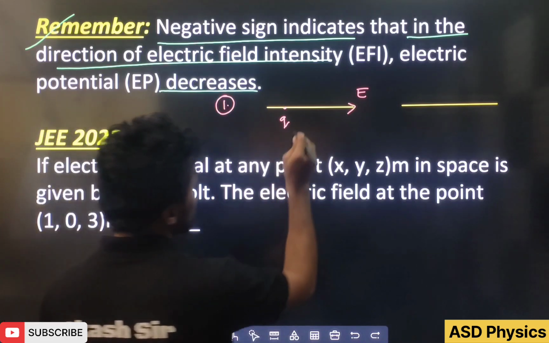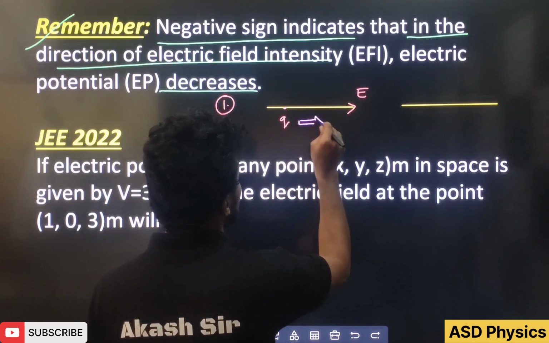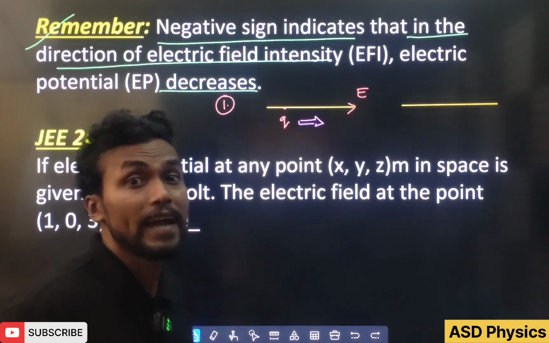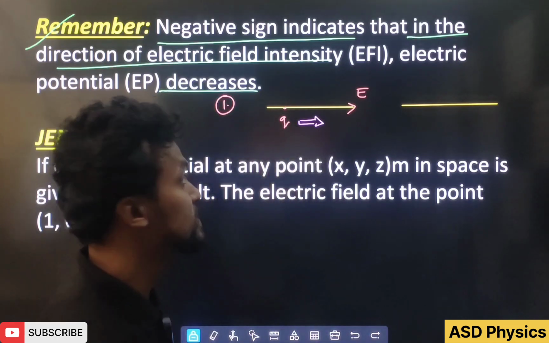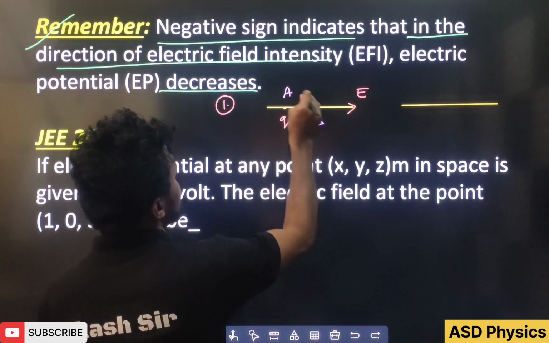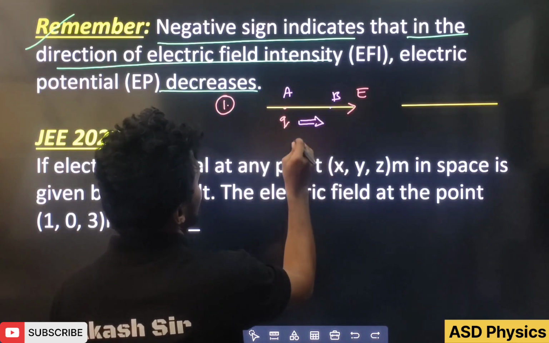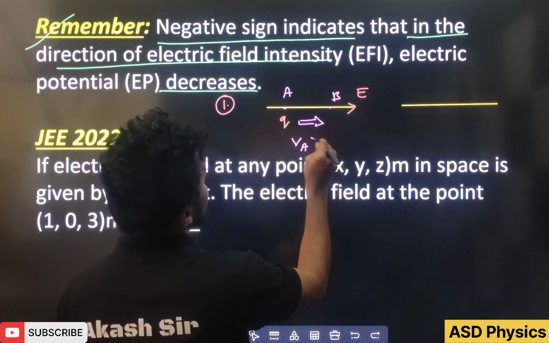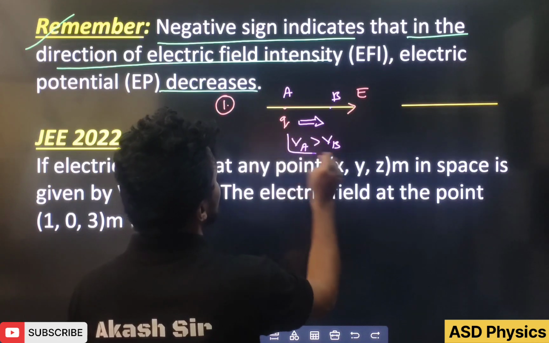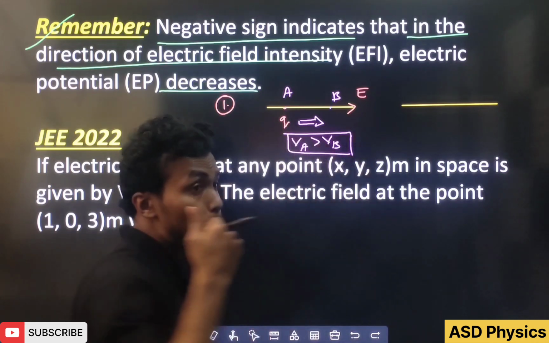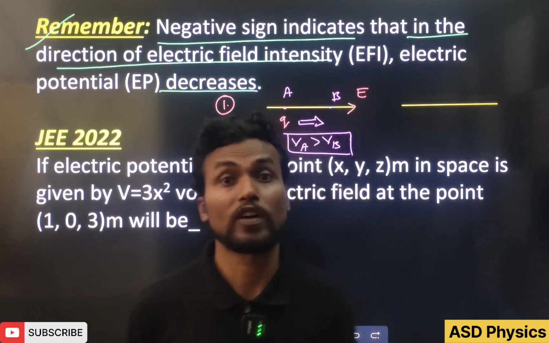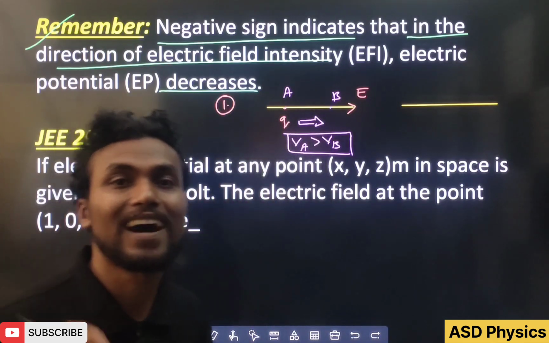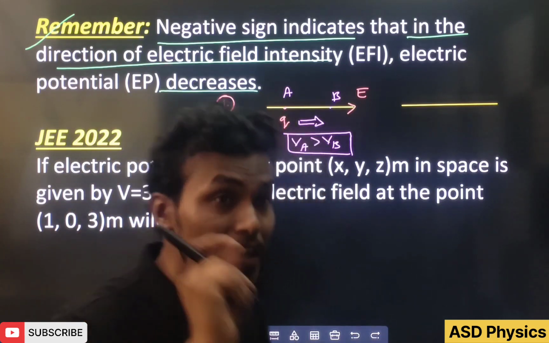As we have seen, in the direction of electric field potential decreases. That means if this is point A and this is point B, VA is greater than VB. So remember that very well: positive charge always moves from high potential to low potential. Again, positive charge always moves from high potential to low potential.